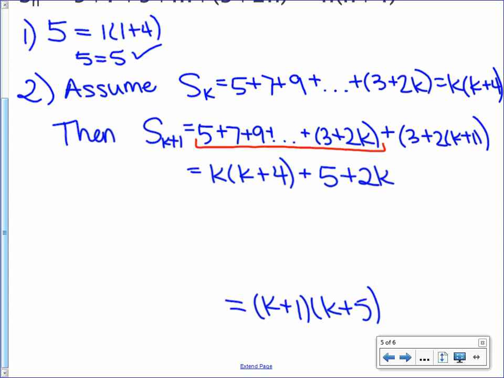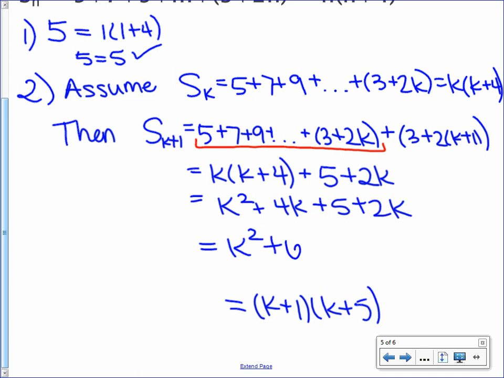All it is now is algebra. We need to get from this all the way down to k plus 1 times k plus 5. So what should we do? Here we have k squared plus 4k if we distribute, plus 5 plus 2k, which is the same thing as k squared plus 6k plus 5.